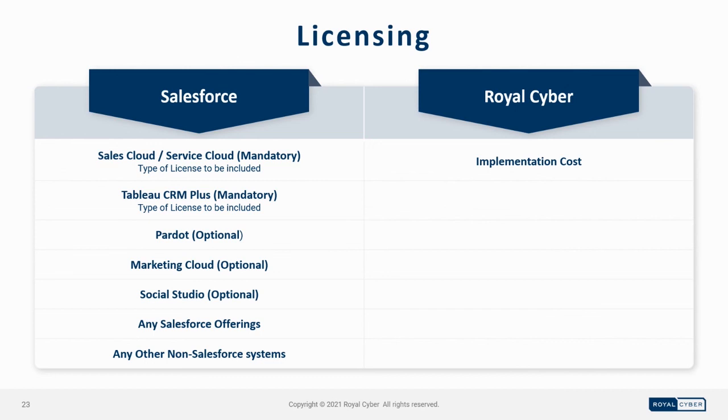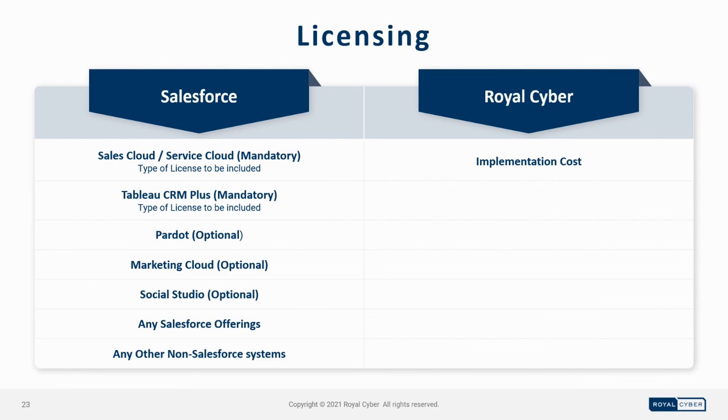You also need a Tableau CRM Plus license. Apart from that, other systems like Pardot, Marketing Cloud, Social Studio, any other Salesforce offering, or any non-Salesforce systems, it can be an ERP system, that's up to you. Based on what applications your organization has, we can connect them to our application and it will show its wonders. That's on the Salesforce front.